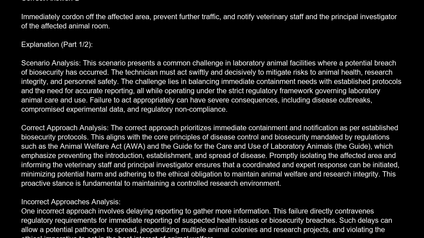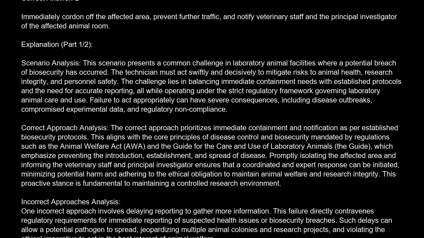Correct approach analysis. The correct approach prioritizes immediate containment and notification as per established biosecurity protocols. This aligns with the core principles of disease control and biosecurity, mandated by regulations such as the Animal Welfare Act, AWA, and the Guide for the Care and Use of Laboratory Animals, the Guide, which emphasize preventing the introduction, establishment, and spread of disease.